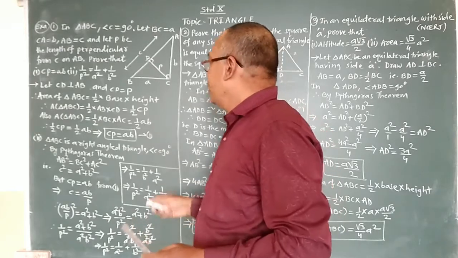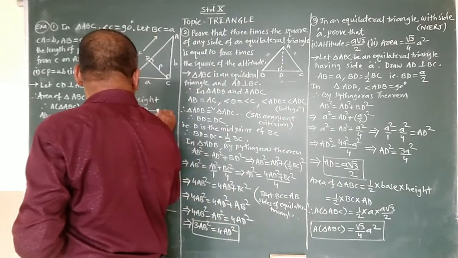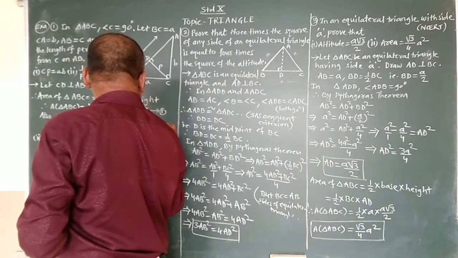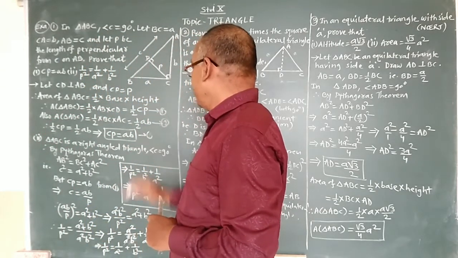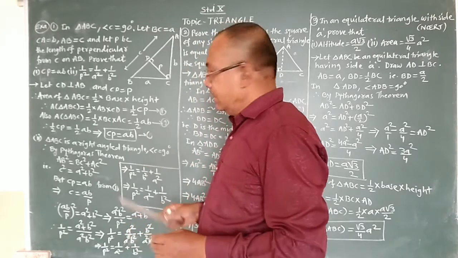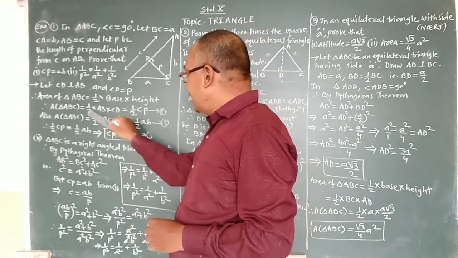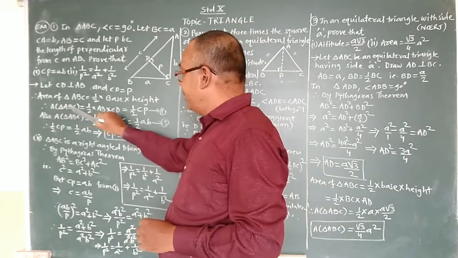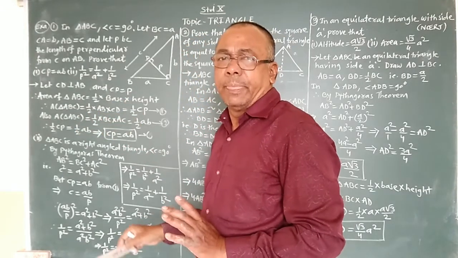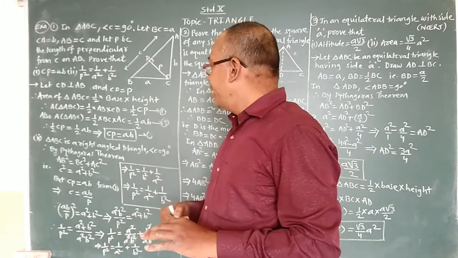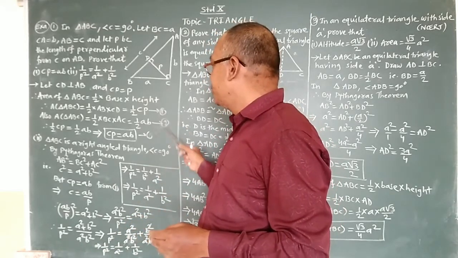Here if we consider the two equations, then our LHS, that is area of triangle ABC, is the same in both equations, and therefore the RHS must be the same.